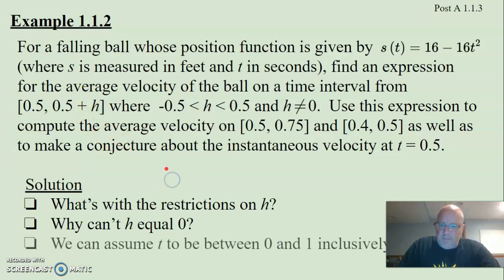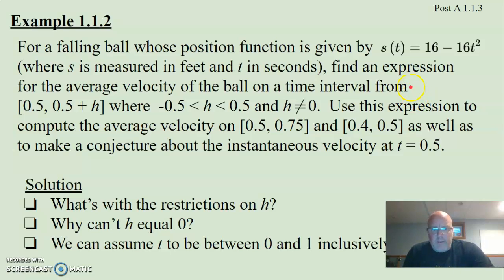And then the third question, we can assume that t here is to be between 0 and 1 inclusively. All right, why can we make that assumption? By inclusively, I mean it can equal 0 and it can equal 1. Why are we making this assumption?